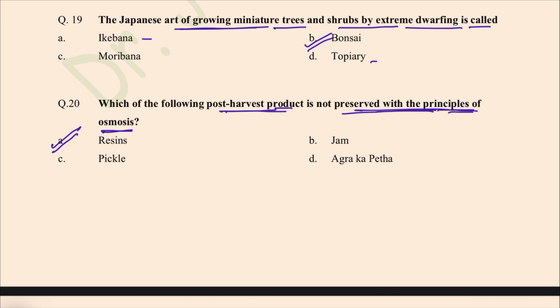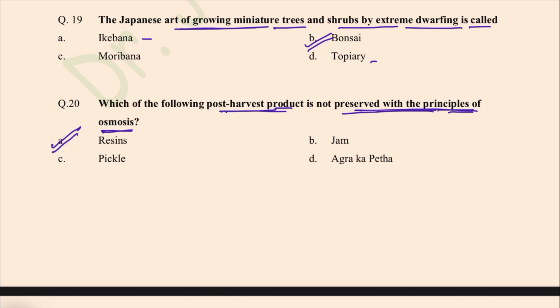Resins are dried, non-perishable natural exudates from plants and are not primarily preserved using a high solute method. Resins are basically derived from rubber or pine trees, and they are chemically stable, so preservation is not needed for them.